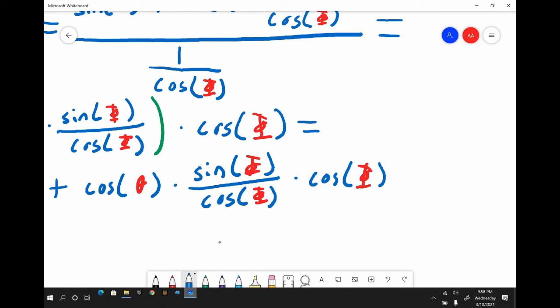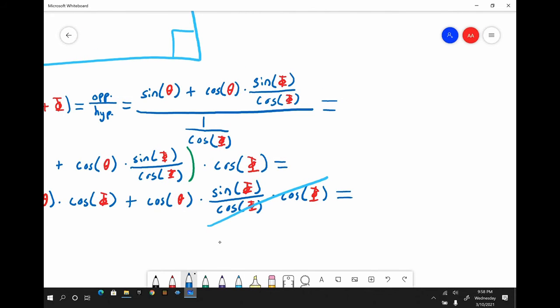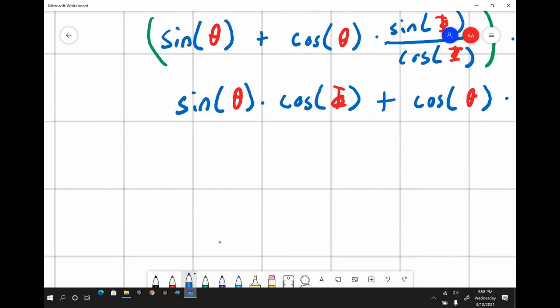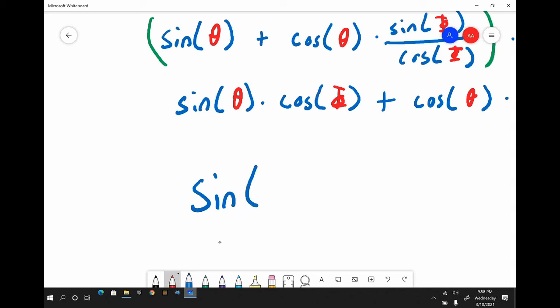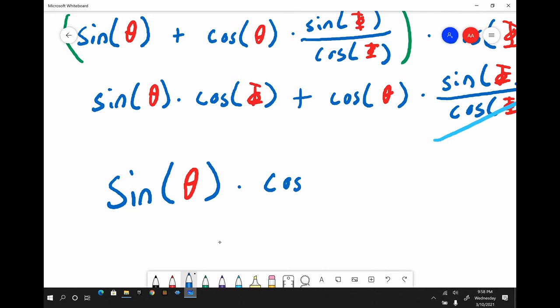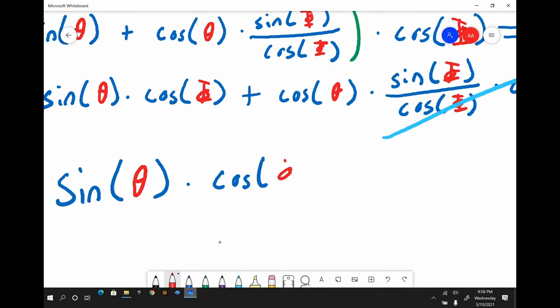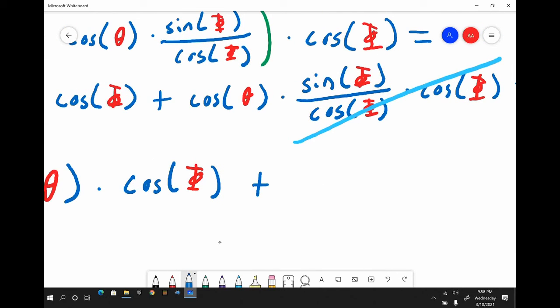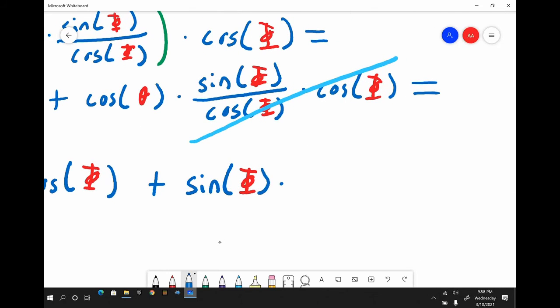And these two cosines will cancel, and we will be left with our answer, which is the sine of theta plus phi is equal to the sine of theta times the cosine of phi plus, and I'm going to write the sines first, the sine of phi times the cosine of theta.